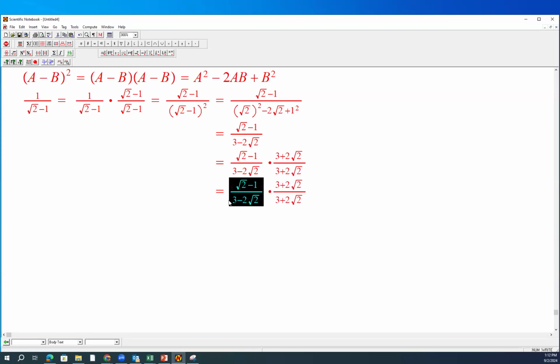So we're gonna apply a minus b times a plus b here, so we're gonna get 3 squared minus that 1 squared, so this is gone, right? Because denominator times denominator. On the numerator, we're gonna take the root 2 minus 1, multiply the other piece.